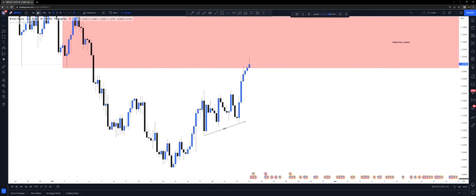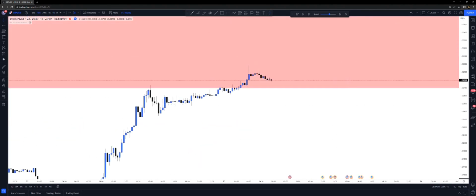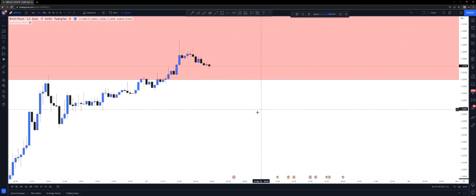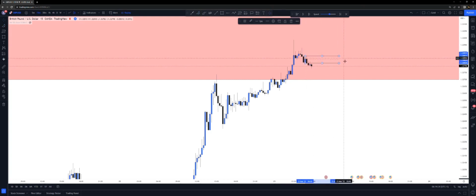So let's go on the 15 minutes and let's see things more clearly. And remember how things are going. This is the 4 hours move. So we saw an indecision candlestick right at this low level.